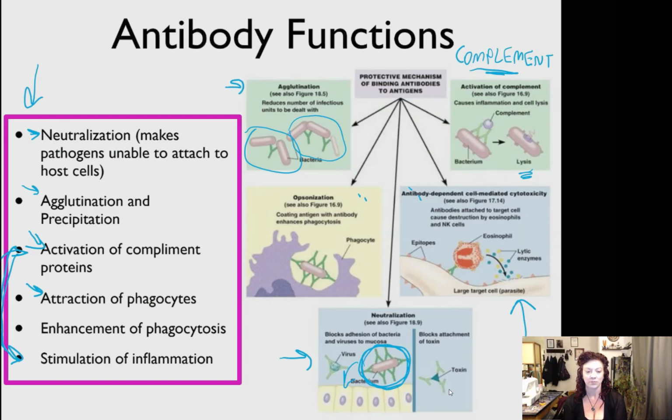The antibodies act as that neon sign, attracting in things like macrophages to come and engulf the pathogen that the antibody has attached itself to. And then finally, antibodies can actually enhance phagocytosis. That's what you see here. It actually causes phagocytosis, the engulfing of that pathogen, to happen more efficiently and more quickly.